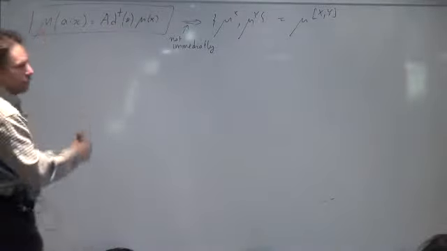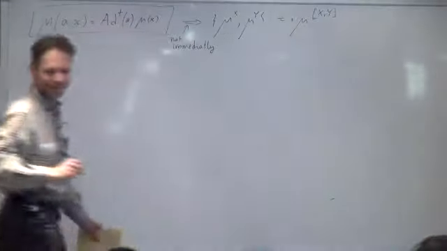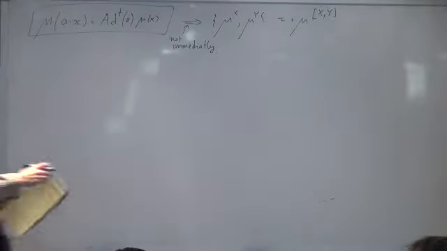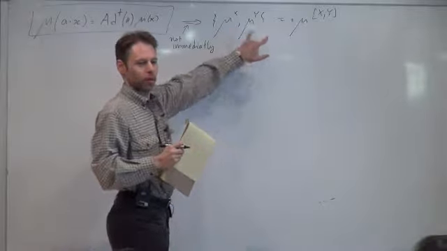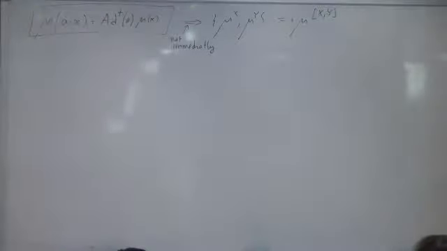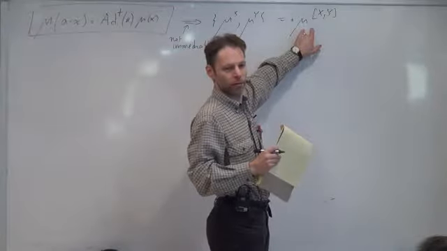And I may be messing up a sign, so let me just put this little sign here. You don't know these guys commute on the nose. There could be a constant. Right? You know that in the abelian case, this Lie bracket is 0. So this is 0.